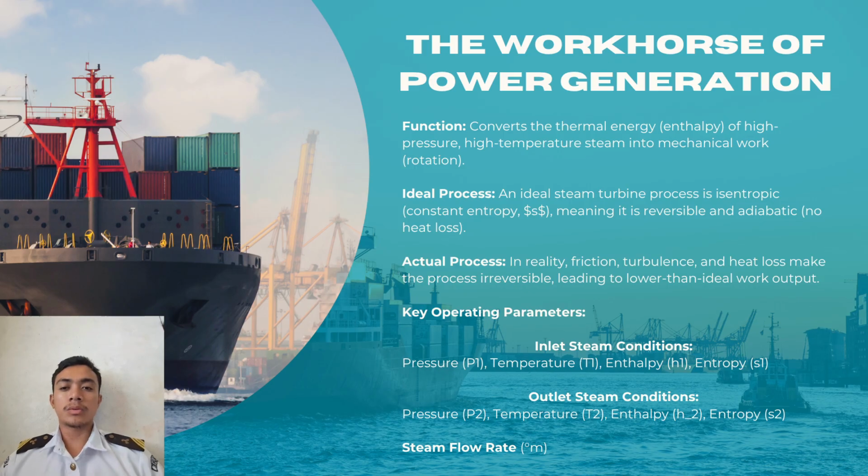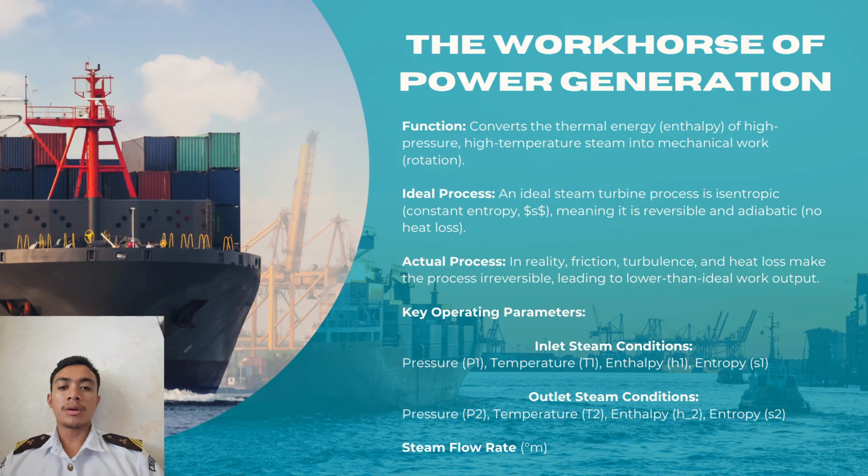A steam turbine is a workhorse of any thermal power plant. Its sole purpose is to convert the thermal energy or enthalpy in superheated steam into mechanical rotation. We start with the ideal process, which is a perfect and isentropic expansion, meaning constant entropy and no losses.